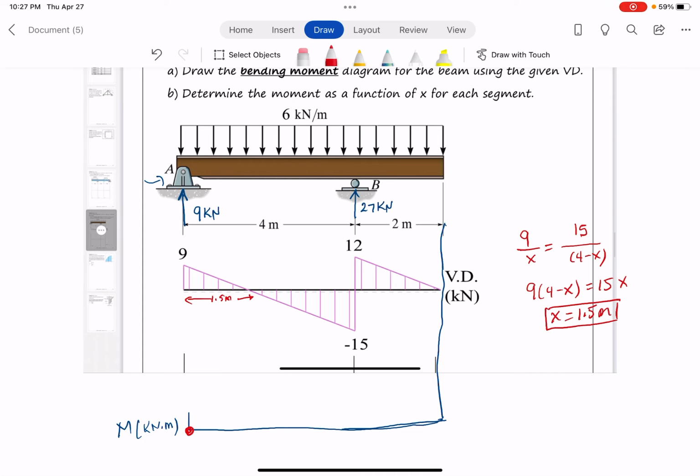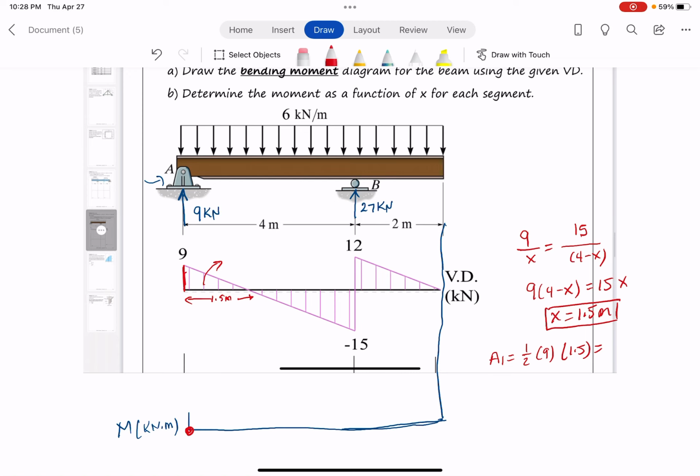What is the area of this triangle? Let's call it area 1. It's 1/2 times 9, this side, times 1.5. 1/2 times 9, which is 4.5, times 1.5.